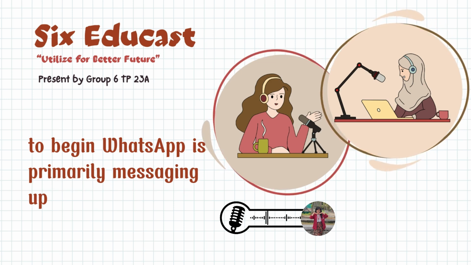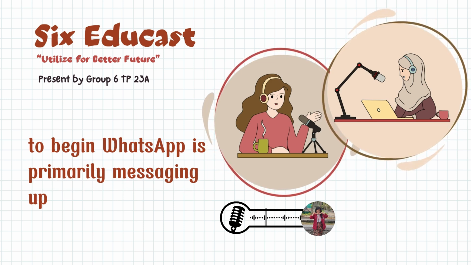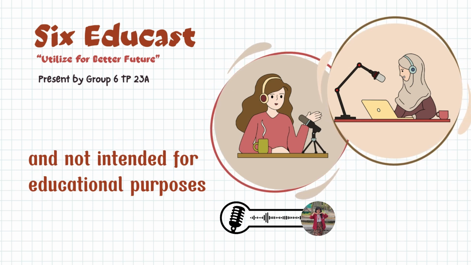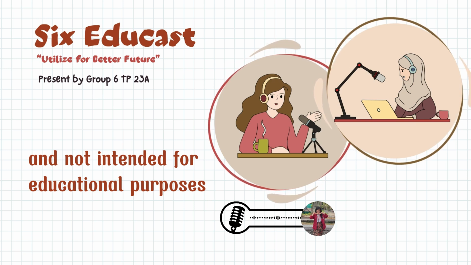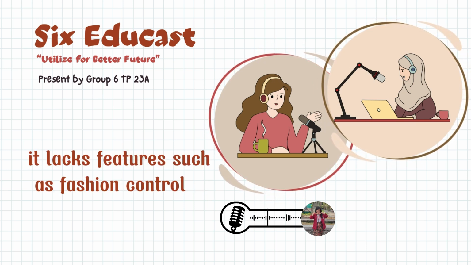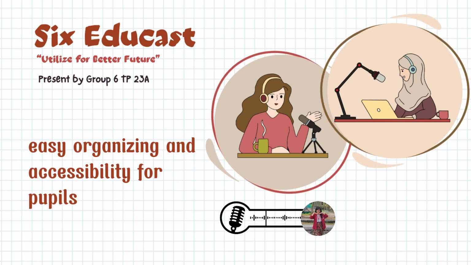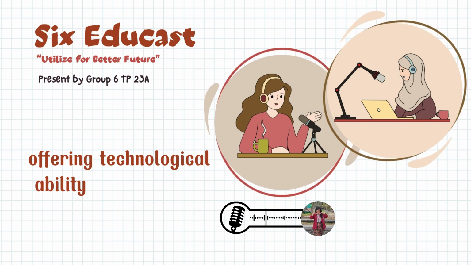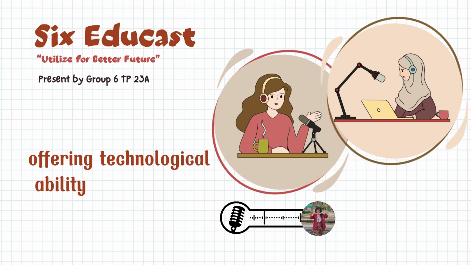To begin, WhatsApp is primarily a messaging app and not intended for educational purposes. It lacks features such as version control, easy organizing, and accessibility for pupils of varying technological ability.